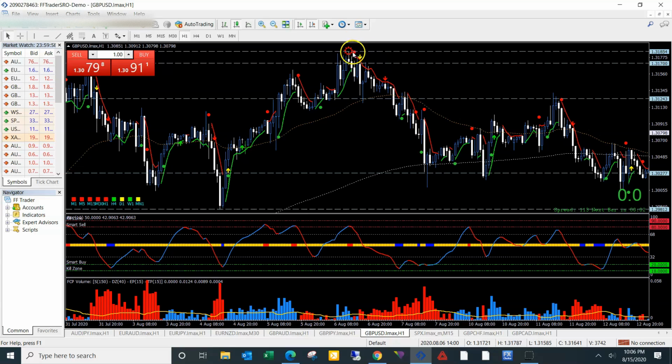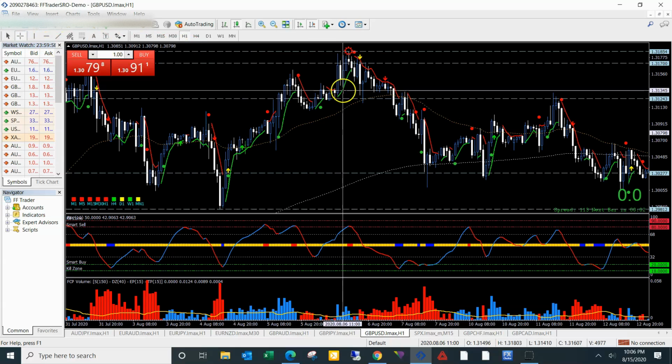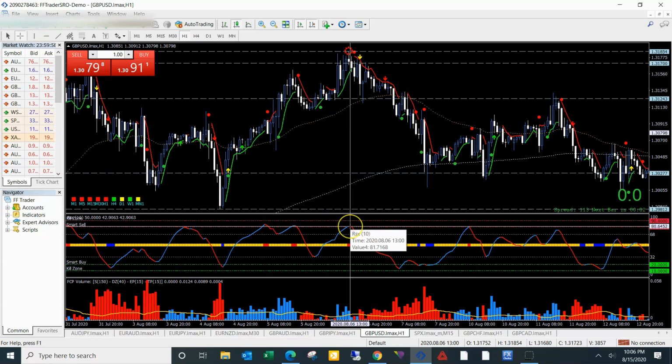You have the reversal followed by the dot, and then to confirm it, all you need is this here, the RSX, once it turns red for the sell. And this is supposed to be a non-repainting indicator too, so it should be pretty good.